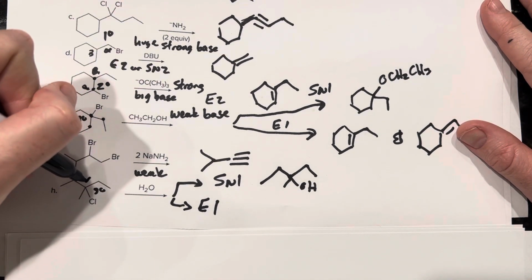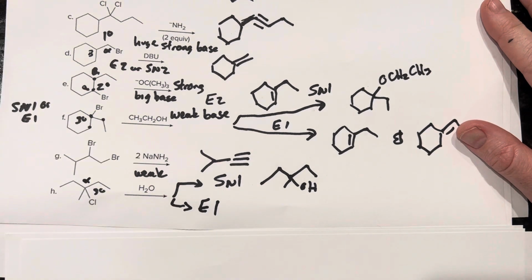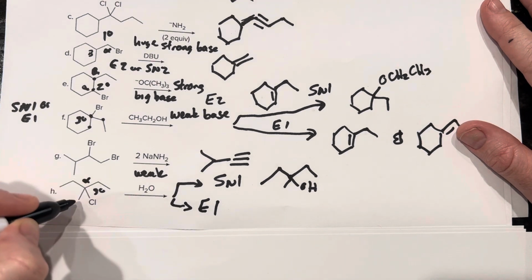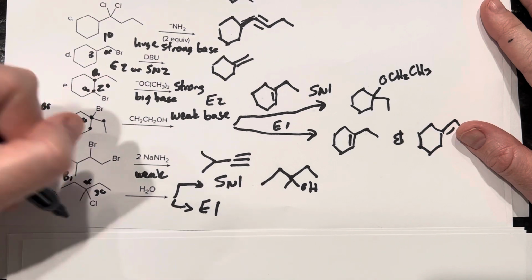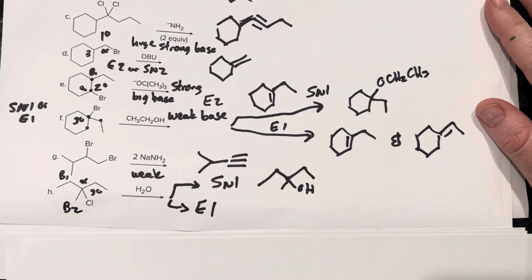This is the alpha, right? And so we could either put our beta here or here. The more substituted is here, so our beta 1's there, and our beta 2 is going to go there.